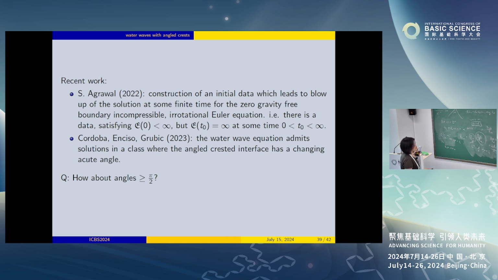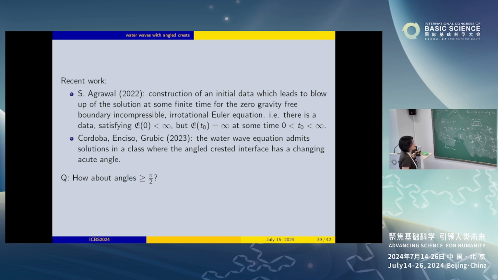Siddhant Agrawal constructed a class of energy. This energy is almost equivalent to the energy we were using, similar but rearranged, and he can show, with a contradiction argument, that there are solutions which have finite energy and become infinite at some time.